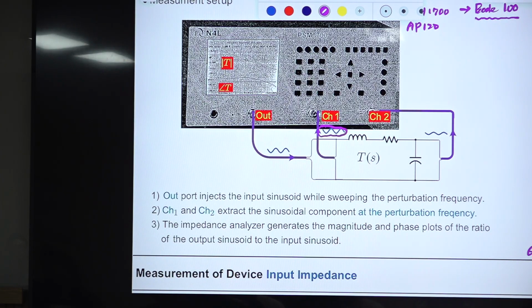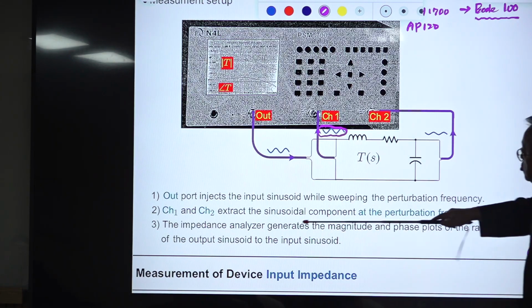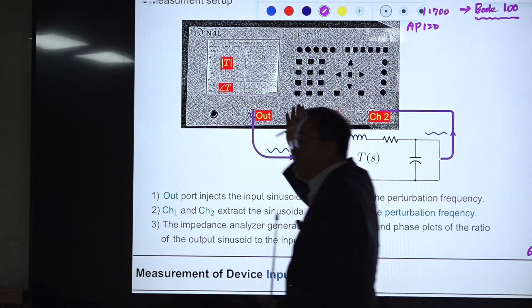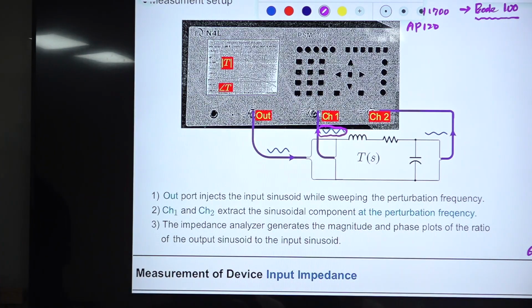If this signal is periodic, it has a Fourier series, so it extracts the fundamental component of the Fourier series, and compares the sinusoidal input and the sinusoidal component of the output voltage and generates this. This is a typical way of getting the approximated sinusoidal response, the frequency response, of a nonlinear time-invariant system.